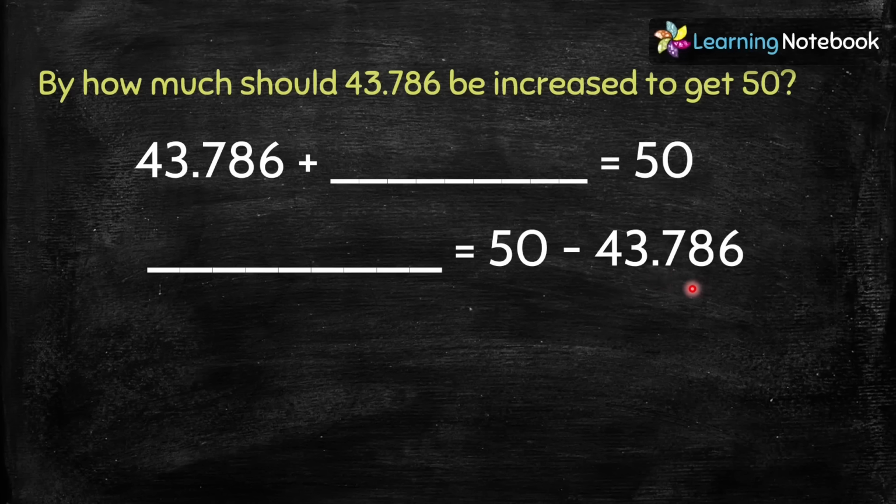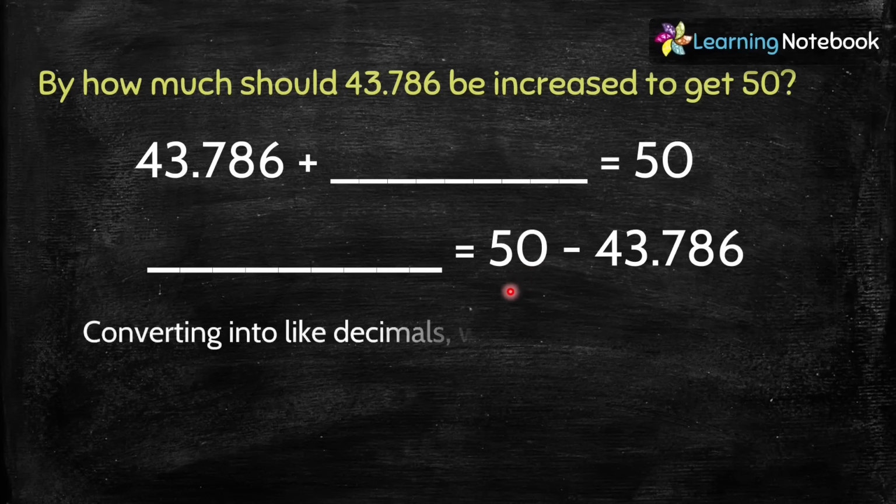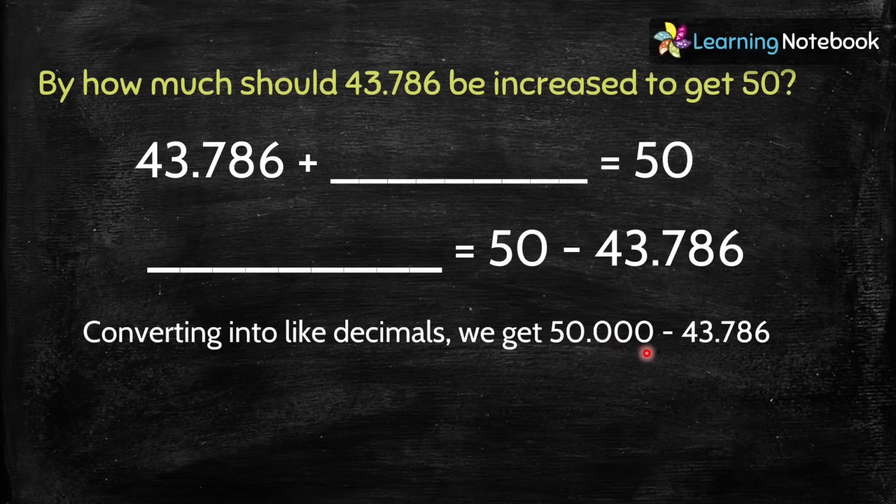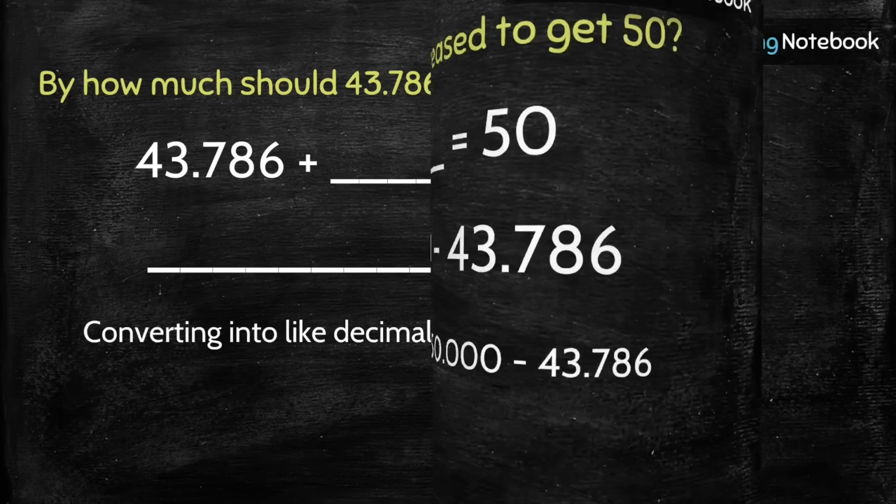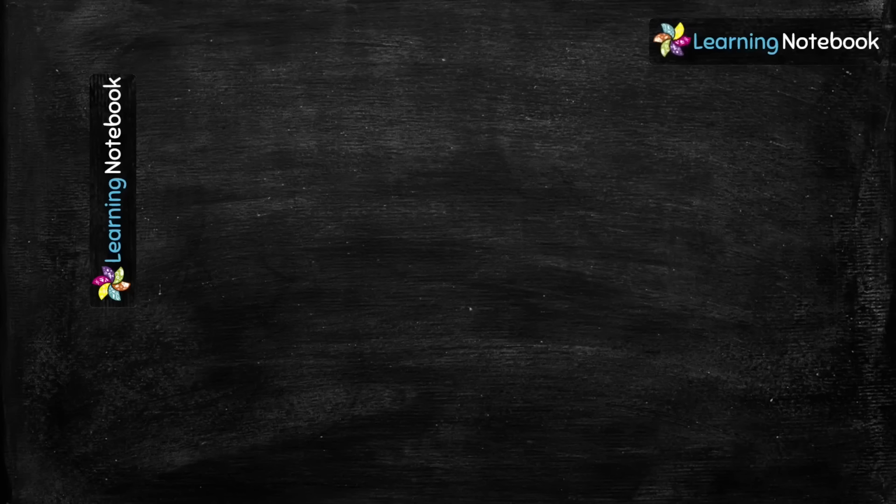43.786. Students, to subtract these two numbers, we have to first make them like decimals. So 50 becomes 50.000. Now let's subtract them. To subtract, first write them in columns and then start subtracting from the decimal part.